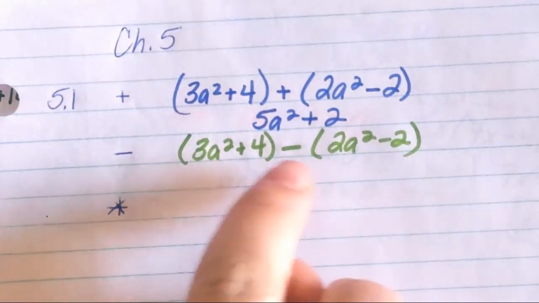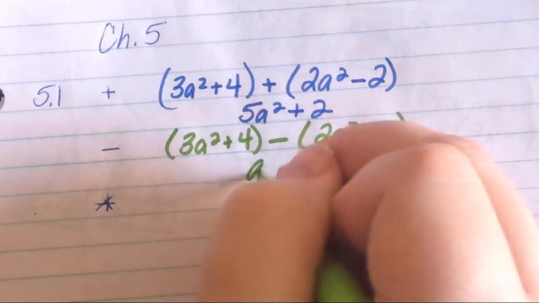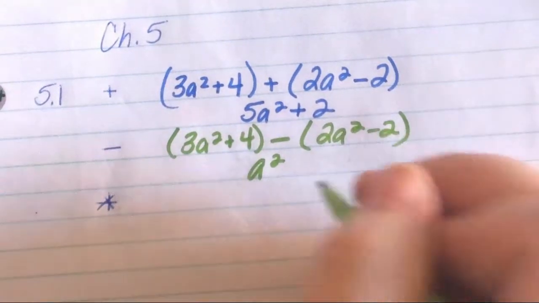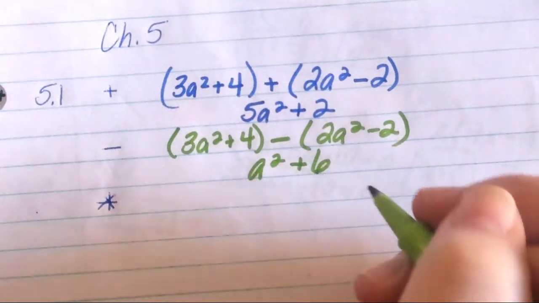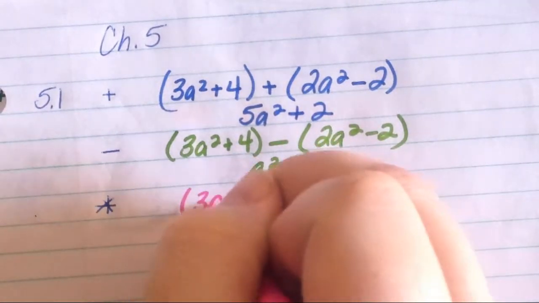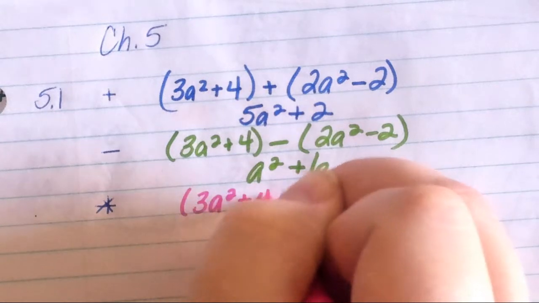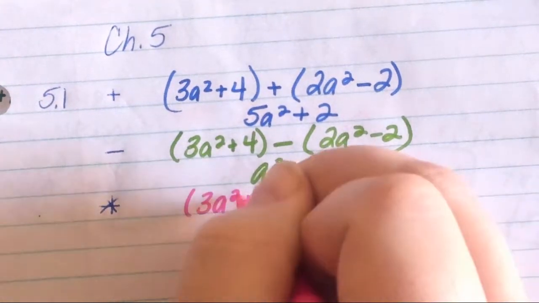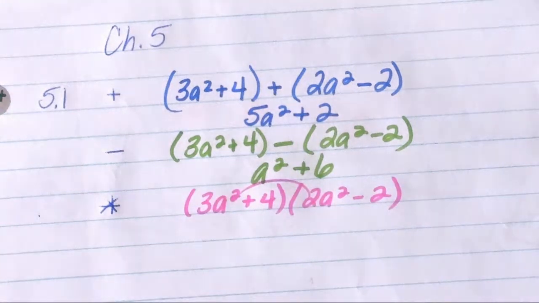So it'd say 3 minus 2, that's only a squared. 4 minus a negative 2 would be 4 plus 2, which is 6. And most of us were great at addition or subtraction. And most of us were still great with multiplication because we would just FOIL. First, outer, inner, last. I know you know how to do the multiplication one.